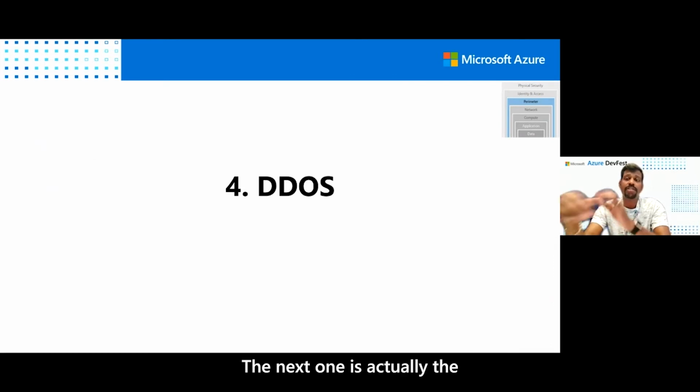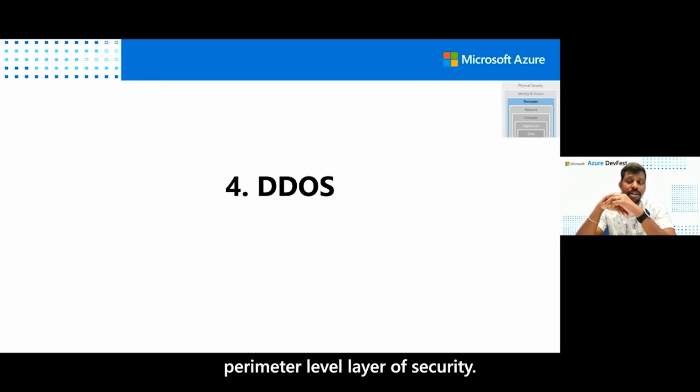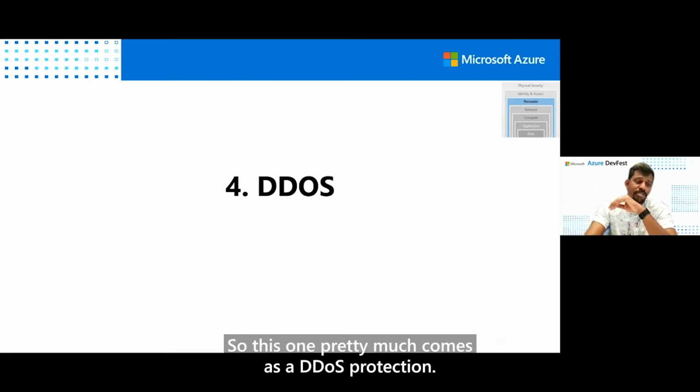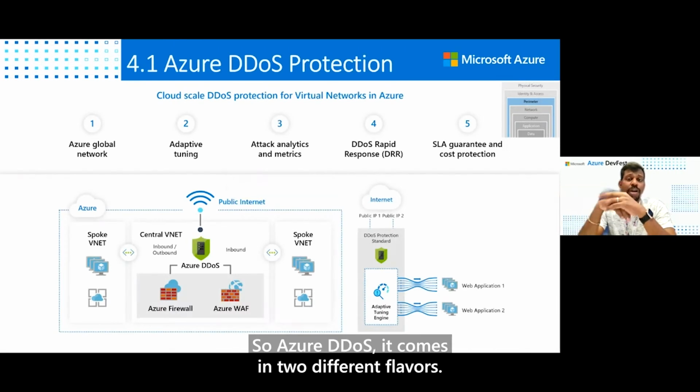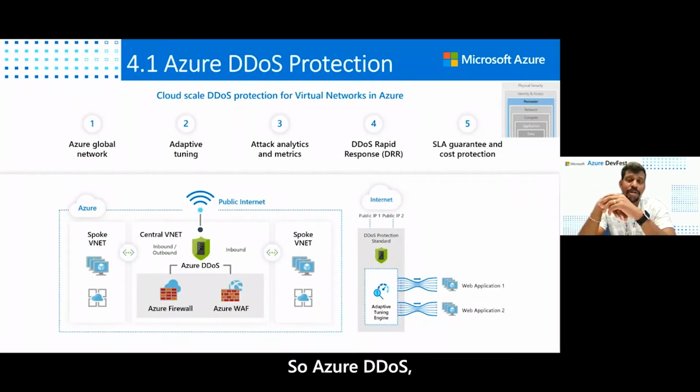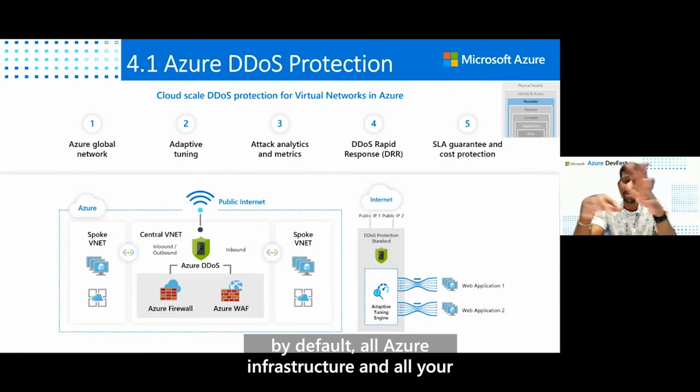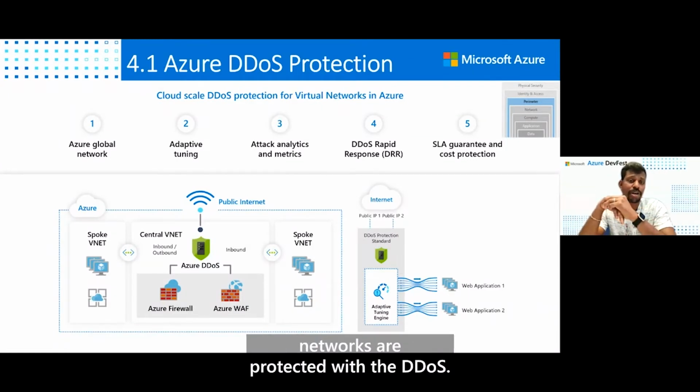The next one is the perimeter layer of security. This one comes as DDoS protection, and Azure DDoS comes in two different flavors. By default, your entire Azure infrastructure and all your networks are protected with DDoS.